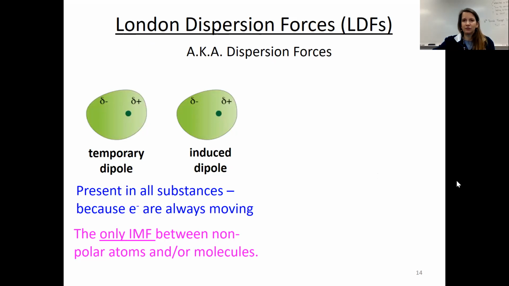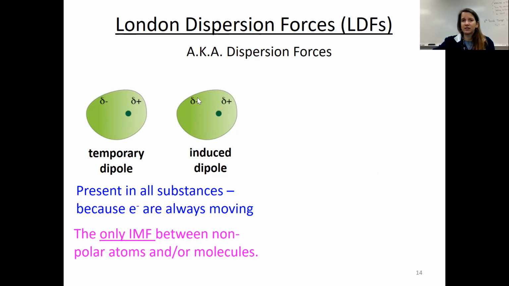So London dispersion forces, LDFs, are created in between molecules because of those temporary dipoles. Because as these electrons are moving around in the electron cloud and it's creating these little temporary dipoles, it's going to form a momentary attraction with a nearby atom or molecule.